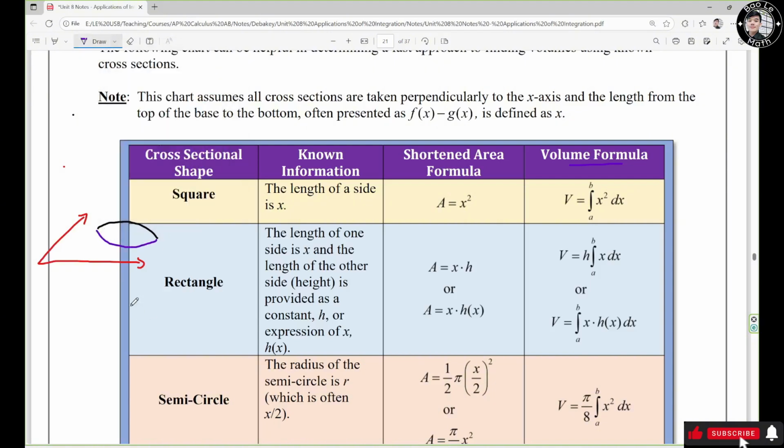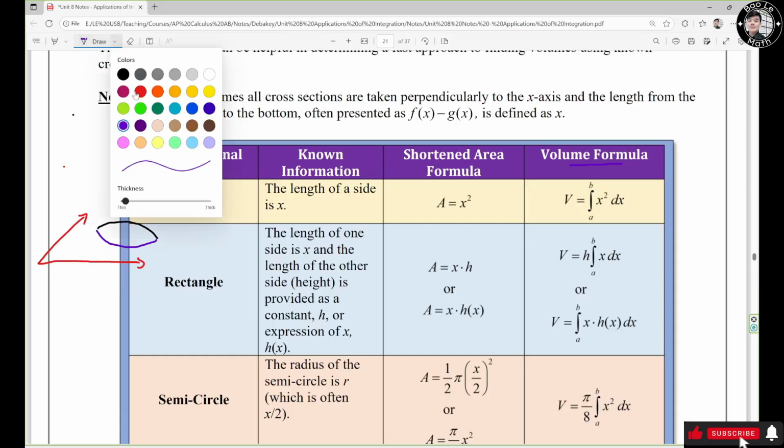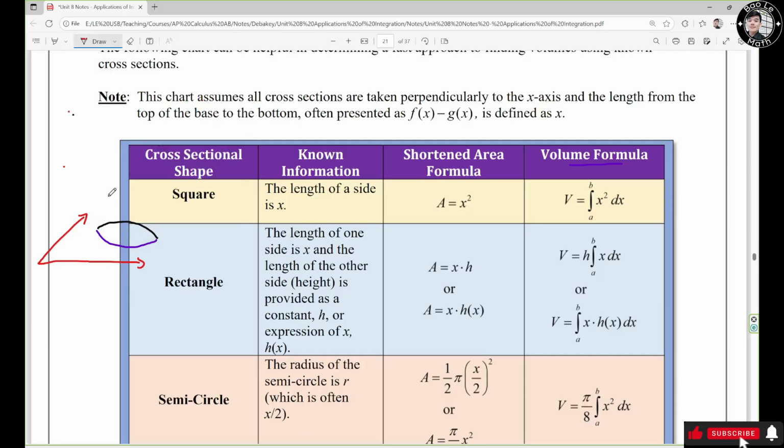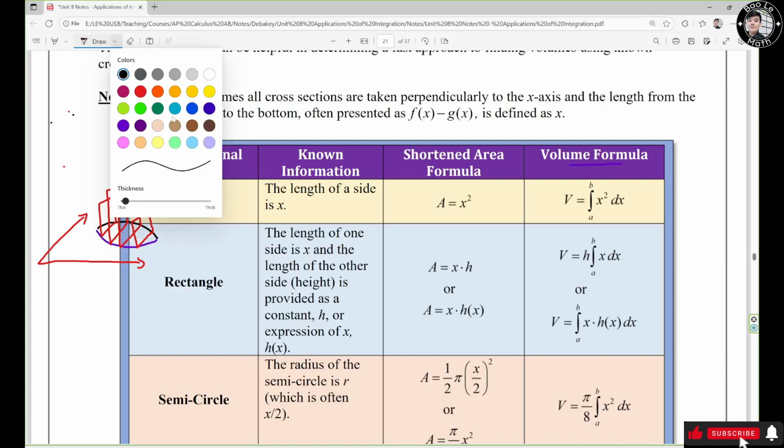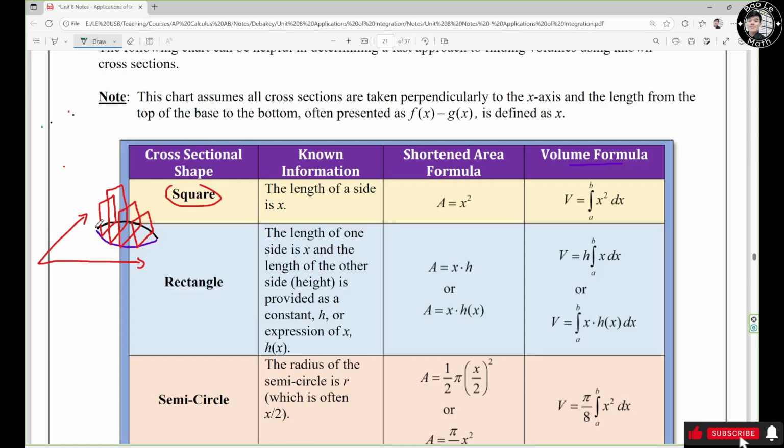Now I need to calculate the volume of the solid where the cross section is perpendicular to the x-axis, and the cross section is a square. So it's going to be something like this, and you keep drawing the squares. Then the solid should be something like this.